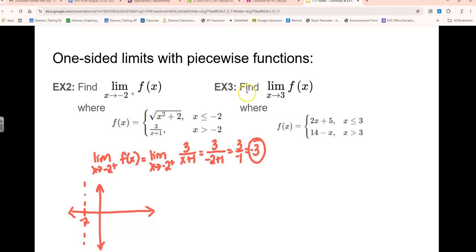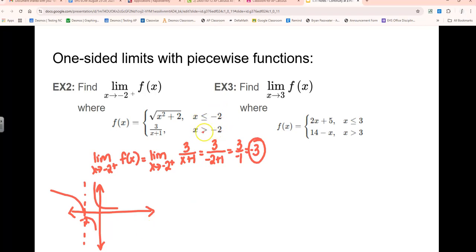For x less than or equal to -2, I've got the square root function that looks something like this. Over here, for the 3 over x plus 1, I've got a rational equation. It looks something crazy like that. But at -2 is the place that they switch.